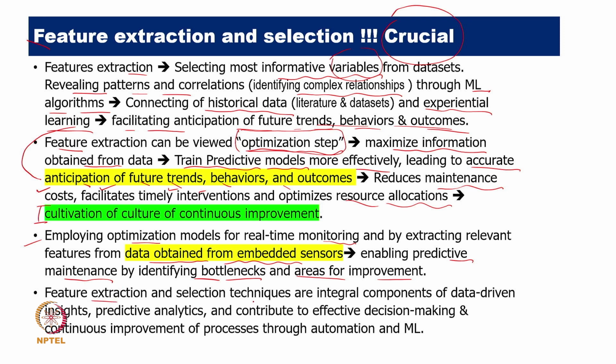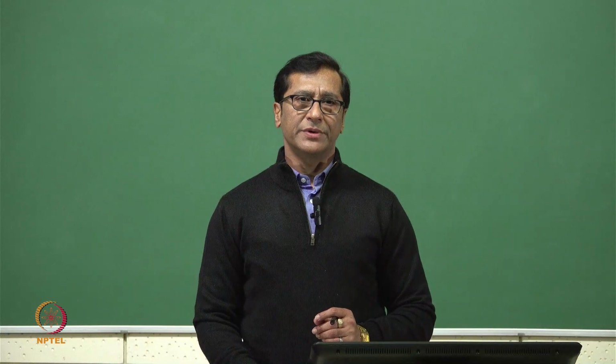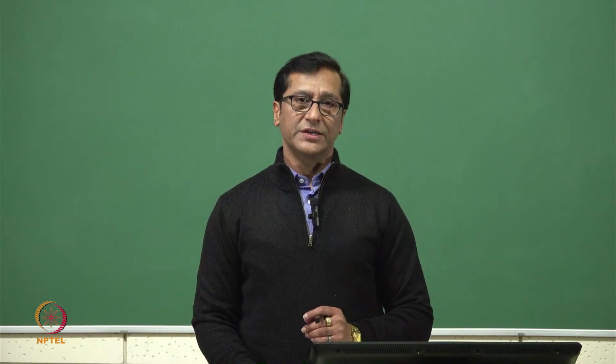Feature extraction and selection techniques are an integral component of data-driven insight, which will be explored from the 23rd lecture onward. They are really important for predictive analytics, and they contribute to effective decision making and continuous improvement, which is our main aim when we apply machine learning algorithms.